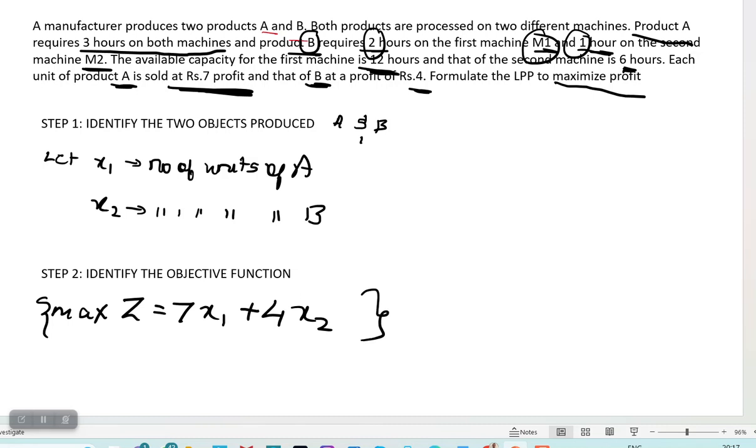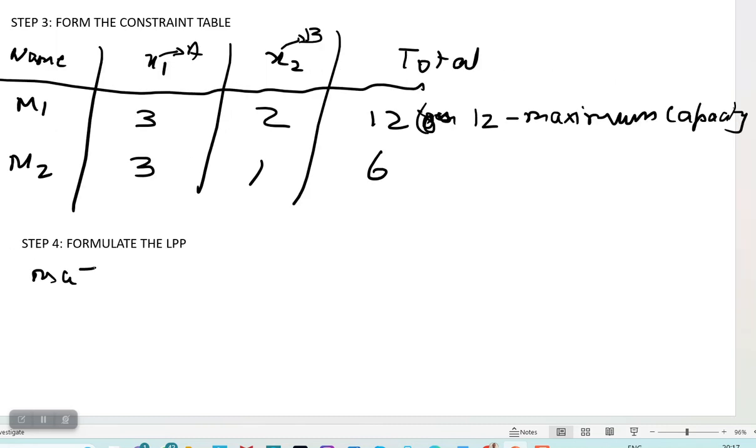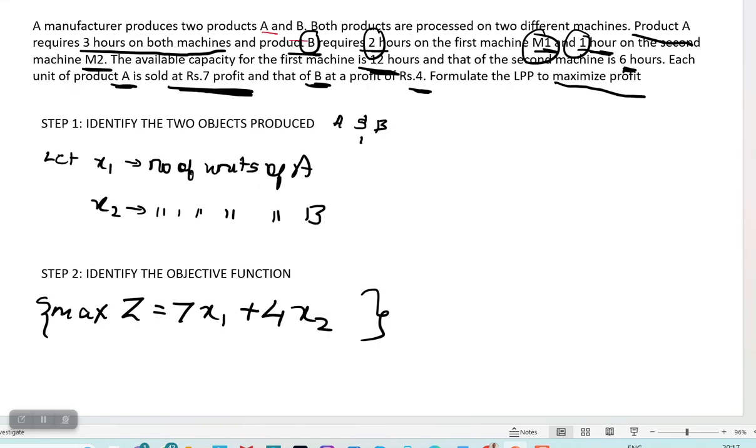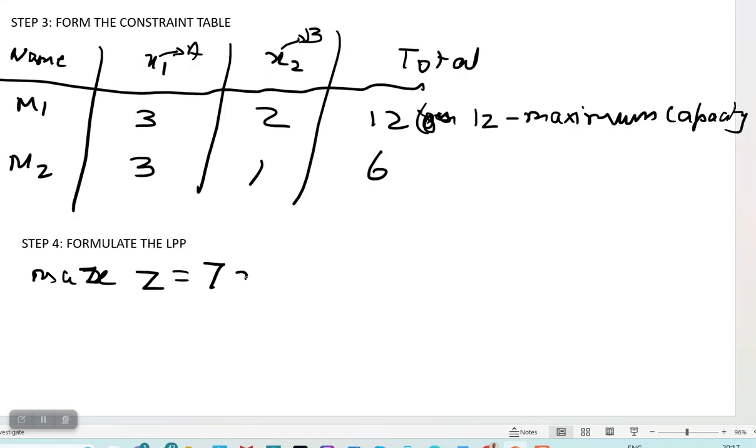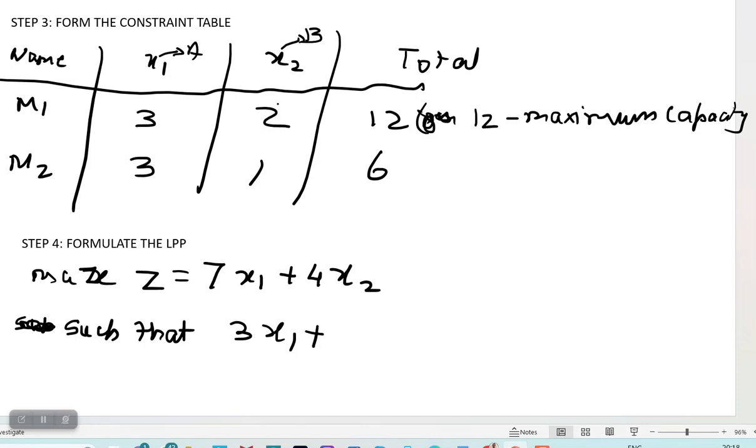The second step says: maximize Z is equal to 7X1 plus 4X2, subject to, or you can just write such that, 3X1 plus 2X2 less than or equal to 12.